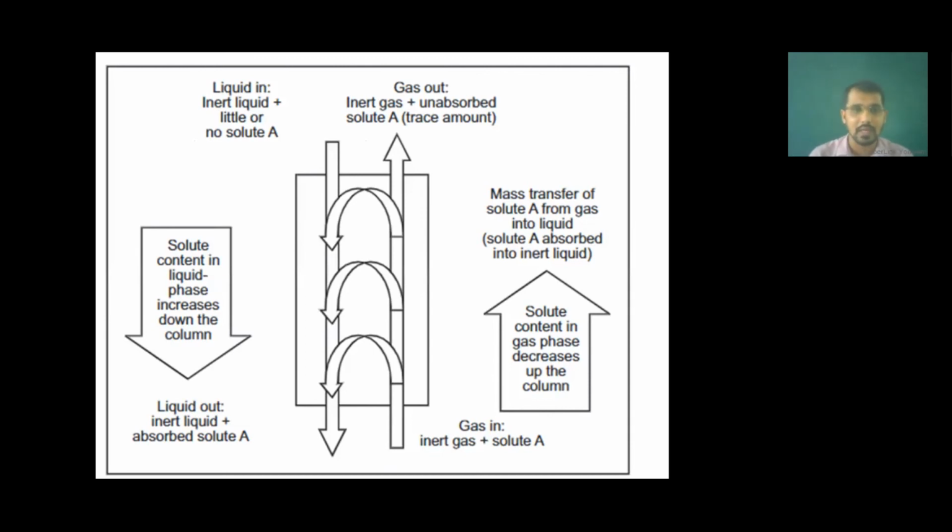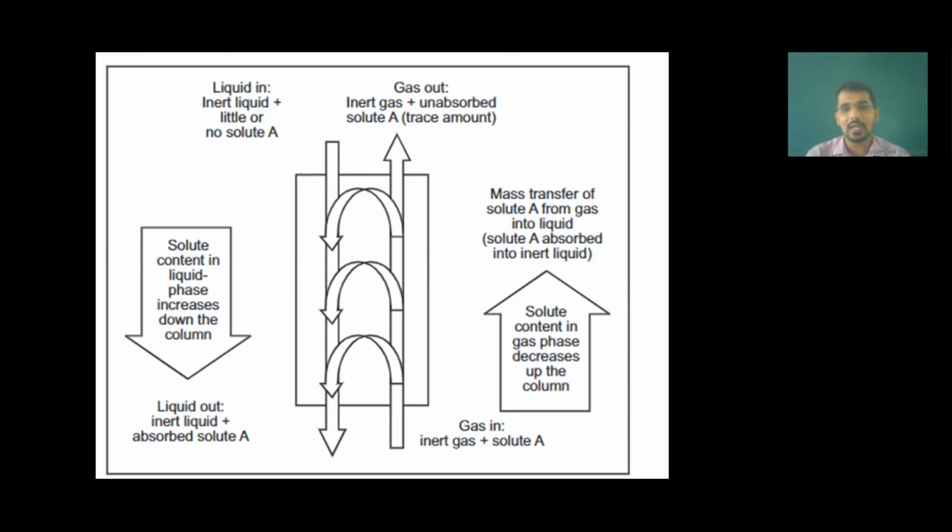We have liquid in, gas out, liquid out. Whatever the substance and amount of that substance present in that stream, we have seen here. In liquid in, there is inert liquid, and the same amount is present in the liquid outlet, because that is inert. Inert means unreacted. Okay, and gas out means inert gas plus unabsorbed solute.